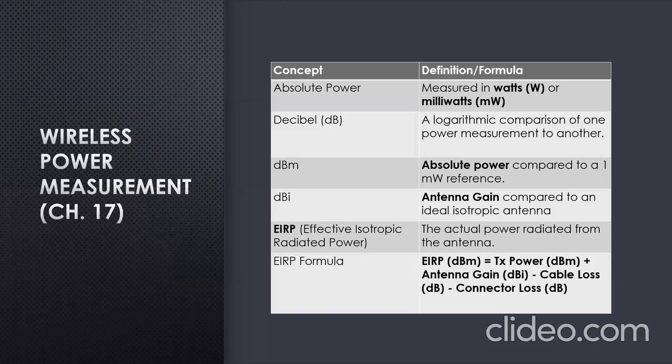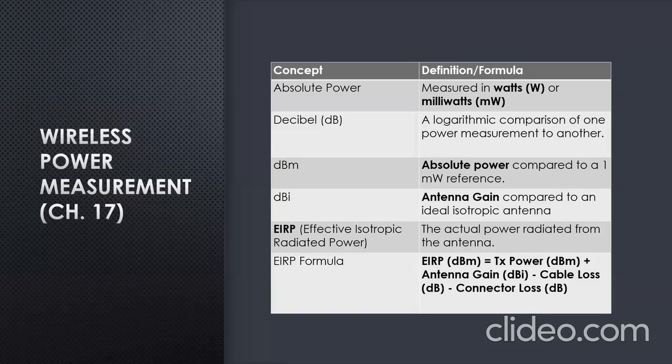You take 10 to the power of the power in dBm over 10. And you convert the antenna gain from dBi to linear gain, which is 10 to the power of the antenna gain over 10. And you convert the cable loss from dB to a linear loss factor, which is also 10 to the power of the loss over 10. The same for the connector loss.